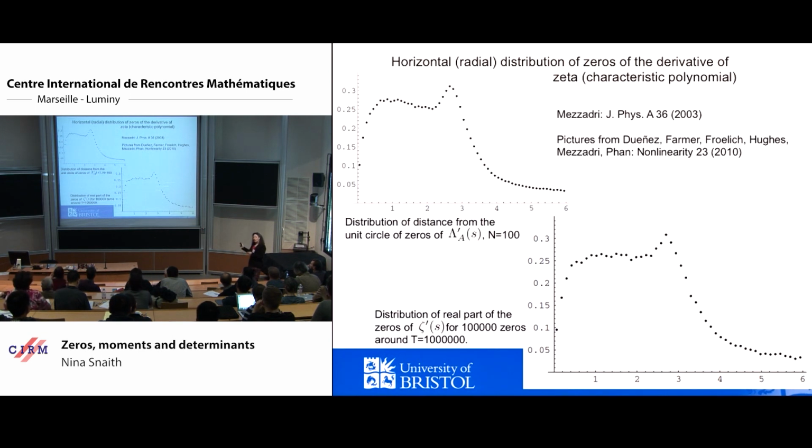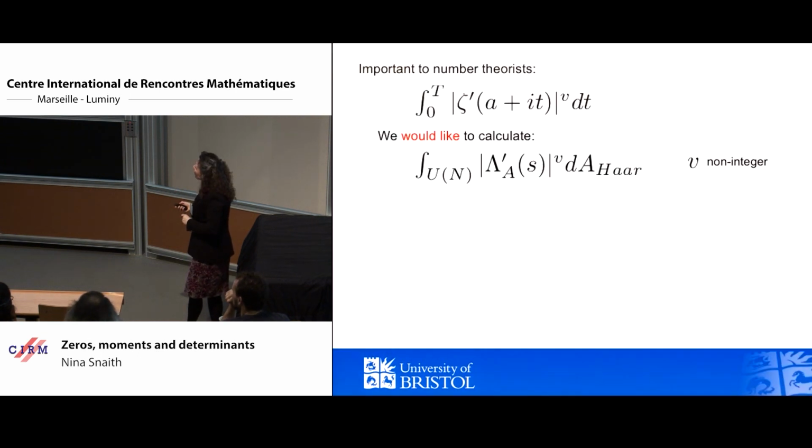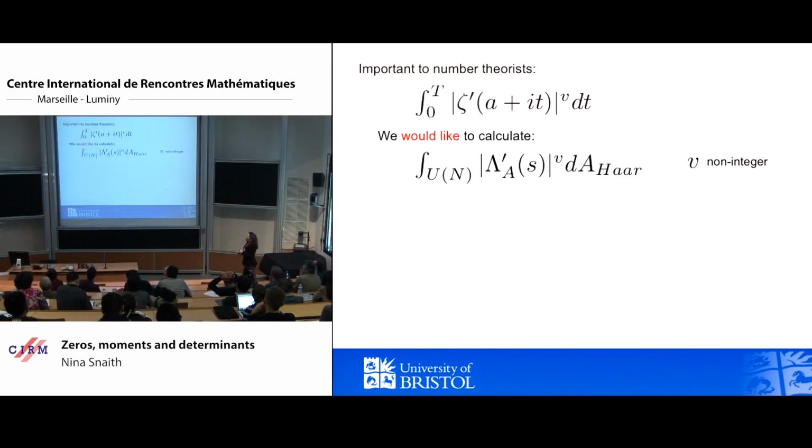So if we're convinced by these pictures that maybe we can use the derivative of the characteristic polynomial to model derivatives of the zeta function, then we go back to the question that the number theorists wanted the answer to. They want derivatives, preferably with a non-integer exponent, of the zeta function averaged over some interval on the critical line.